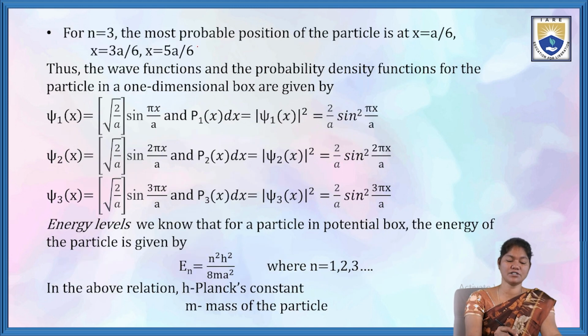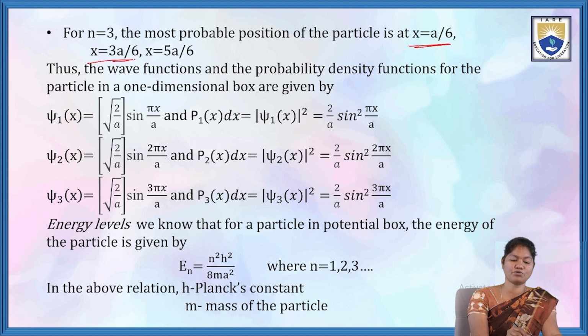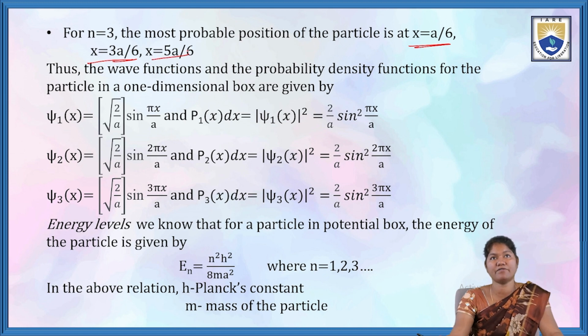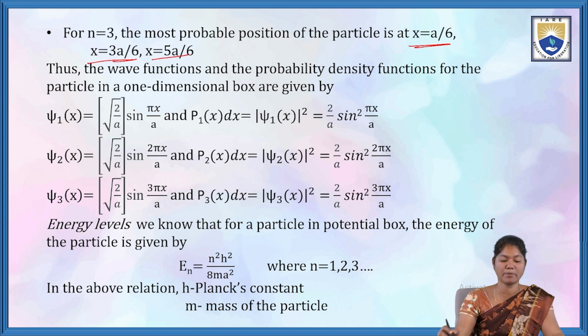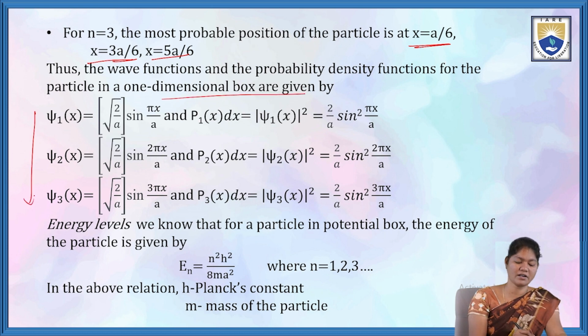For n is equal to 3, the most probable positions are at x is equal to a by 6, 3a by 6, and 5a by 6. Thus the wave functions and the probability density functions for the particle in one dimension vary likewise.